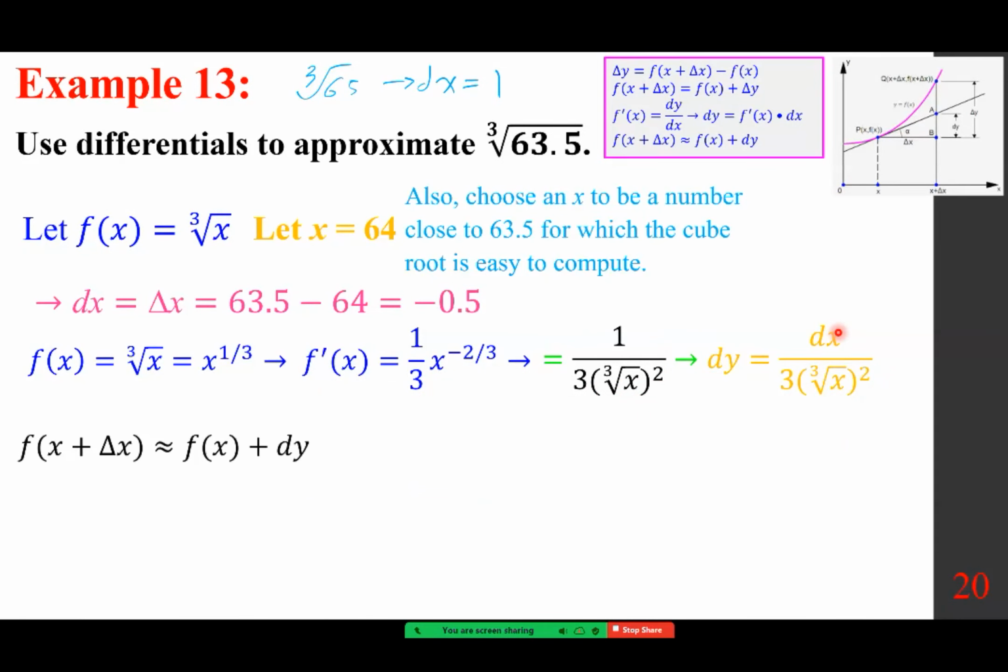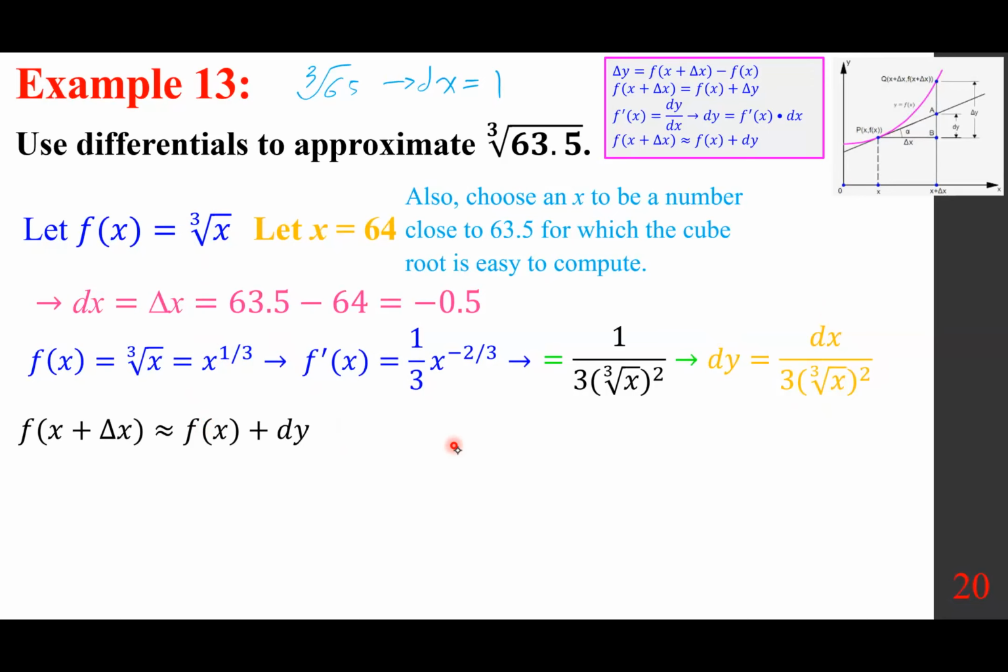Therefore, f of x plus dy is cube root of x plus dx over 3 cube root of x quantity squared. So what are we looking for? We want f of 63.5.